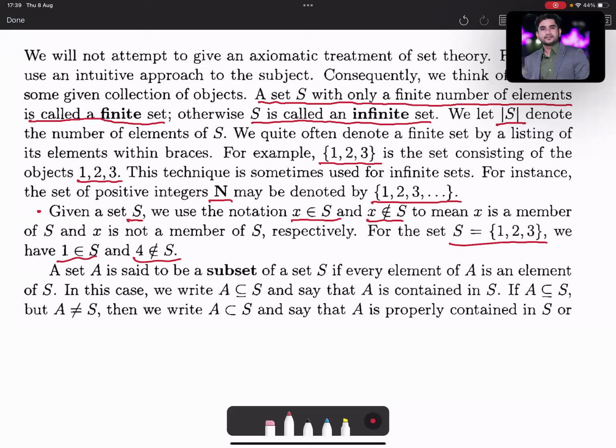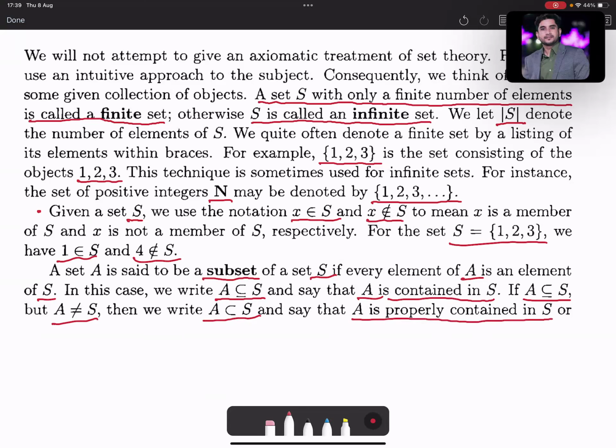A set A is said to be a subset of a set S if every element of A is an element of S. Then we can write A subset sign S, and say that A is contained in S. And if A is contained in S but not equal to S, then we can write that it is a proper subset.